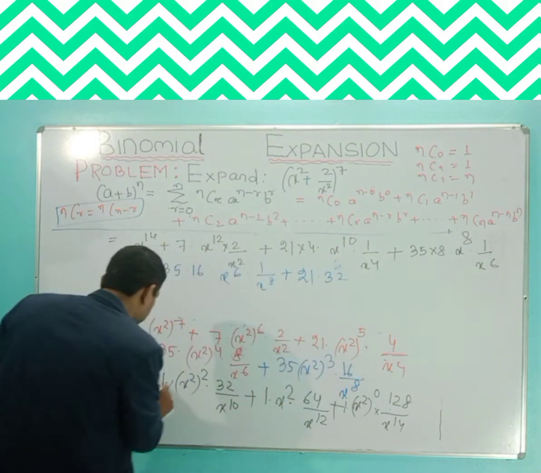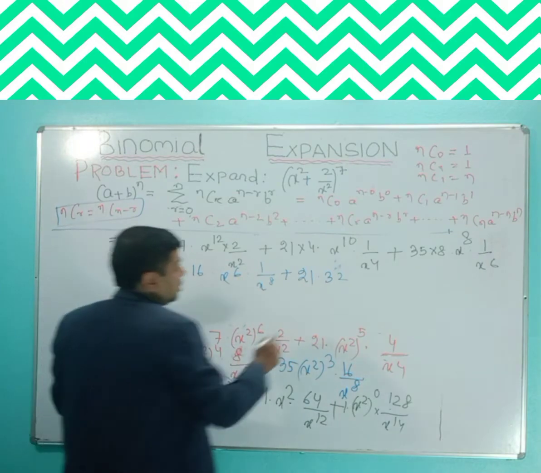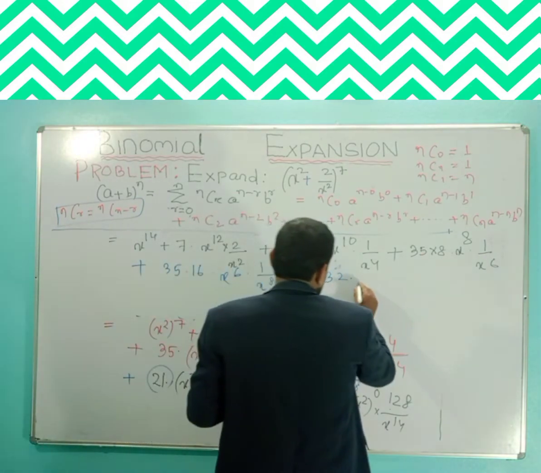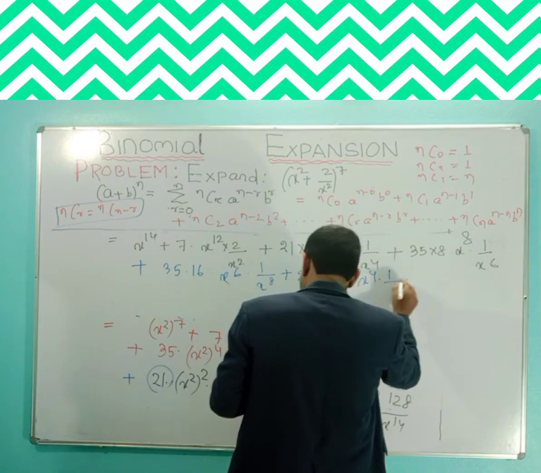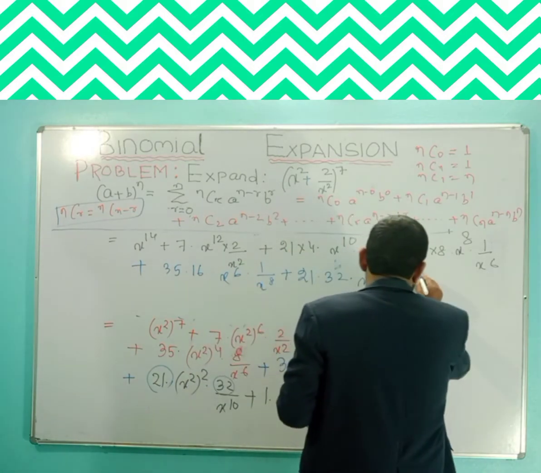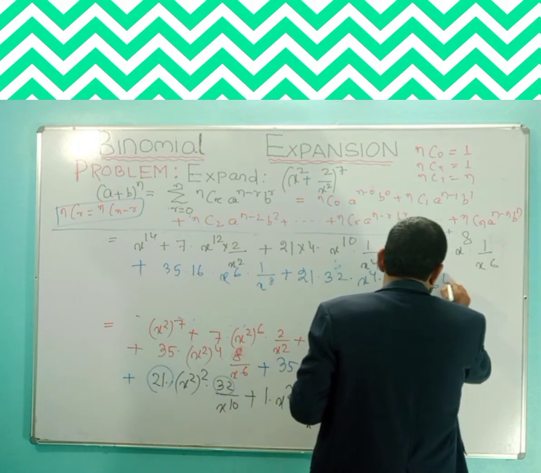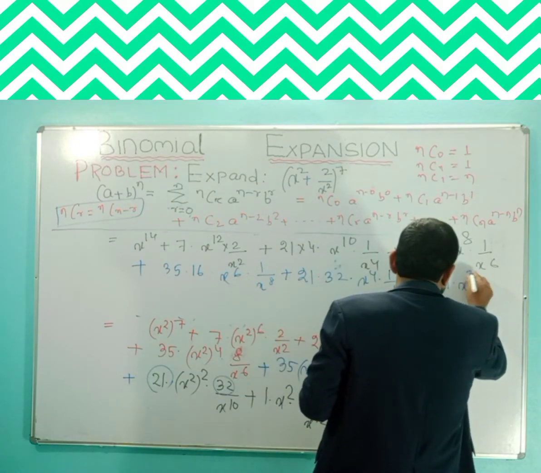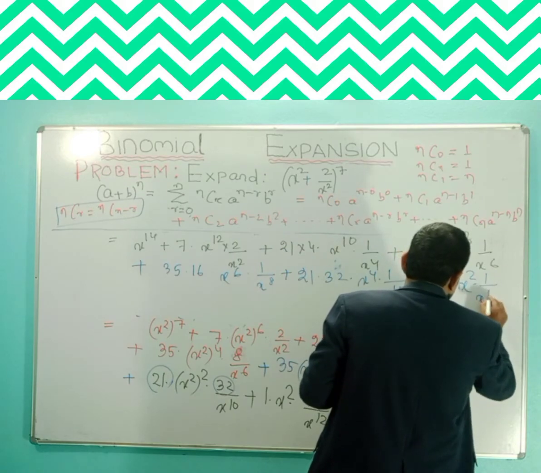Here you see 21 and 32 number you write, arrange the numbers, then coefficient to coefficient, variable x to the power 2 to the 4 into 1 upon x to the power 10. Okay. Then plus here 64 into x square into 1 upon x to the power 12.